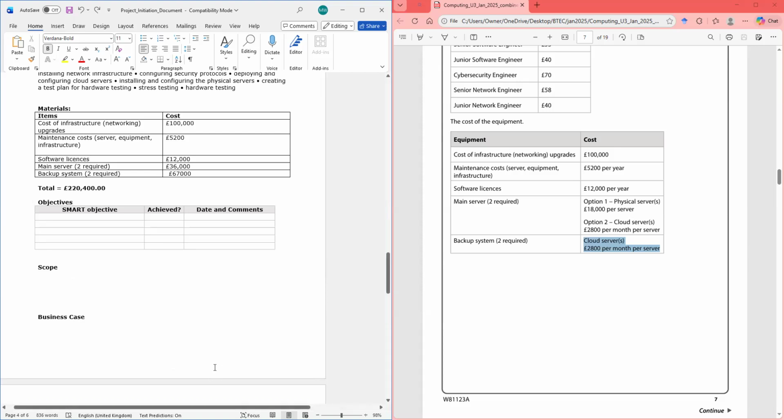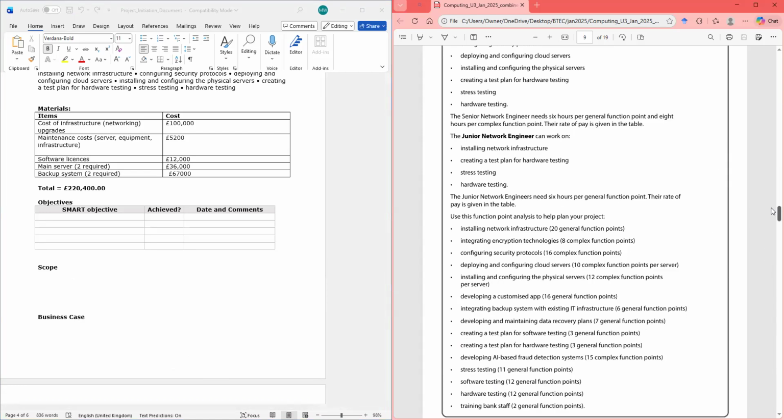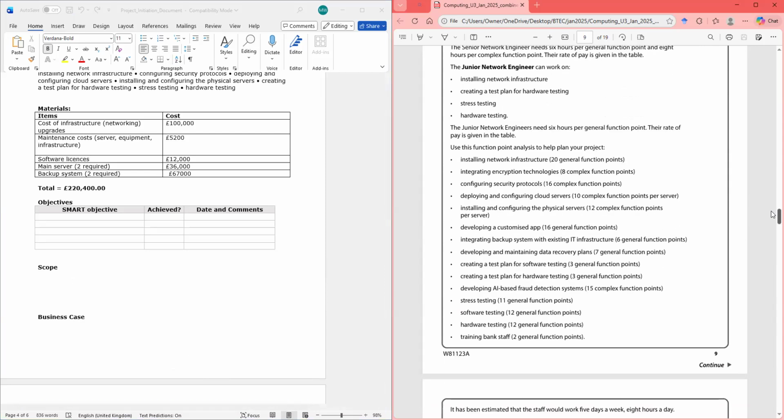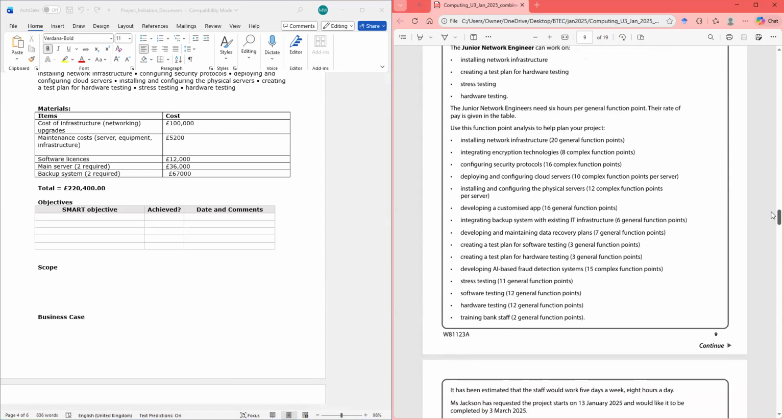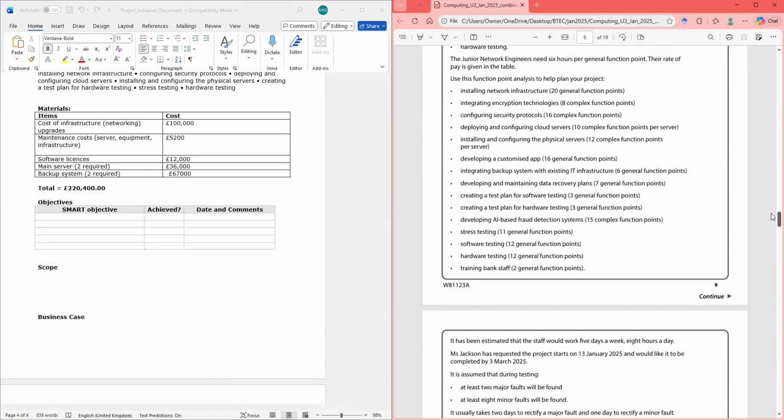So smart objectives, easy peasy. All you have to do is go over to where the tasks are. And you just put these in where you have installation of network infrastructure, where you have the function point analysis. So you just copy them in.